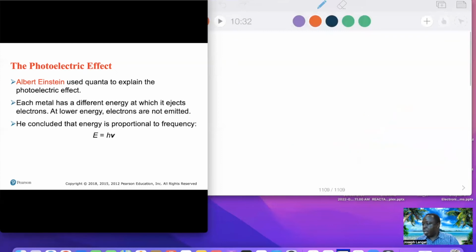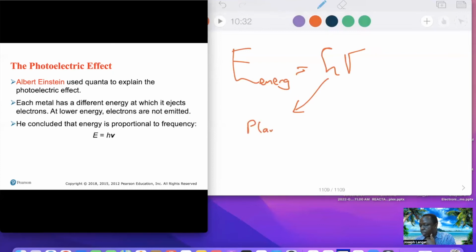So here, E, this is energy, is proportional to hν. And you need to know that this is what we call Planck's constant.